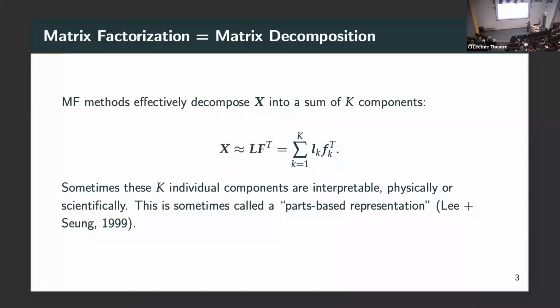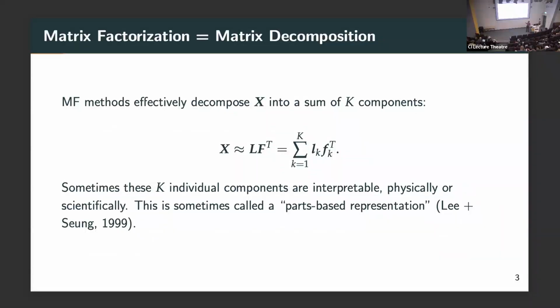A trivial but important observation is that you can write this factorization, L times F transpose, as a sum over the columns, L_k F_k transpose, where L_k is the kth column of L and F_k is the kth column of F. This just says that if X is L F transpose, then you can write X as a sum of K rank 1 matrices.